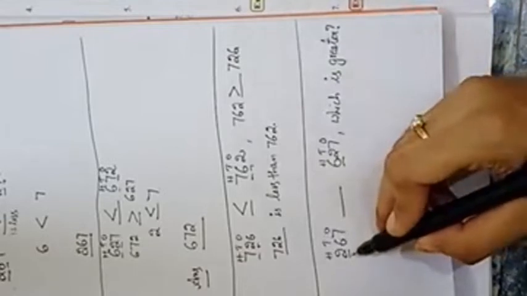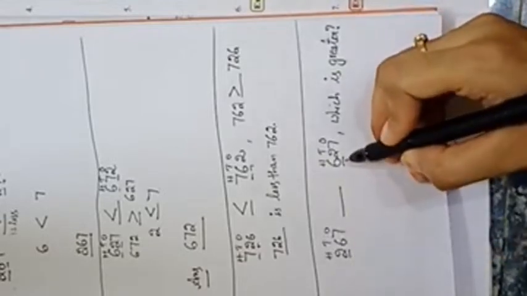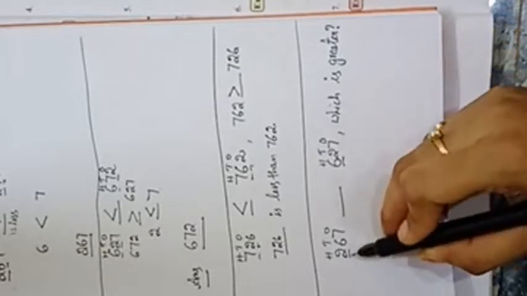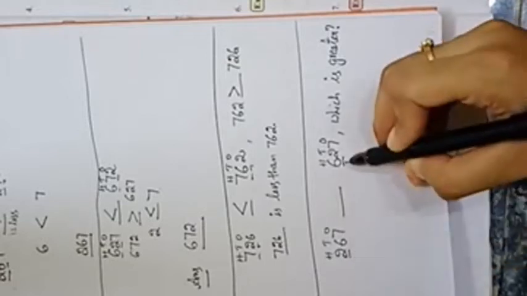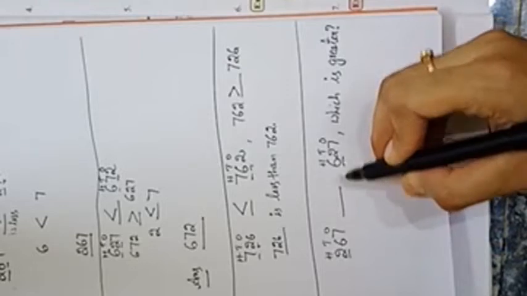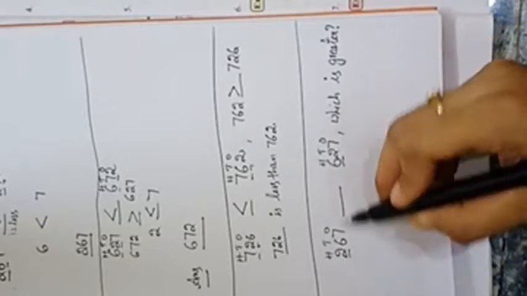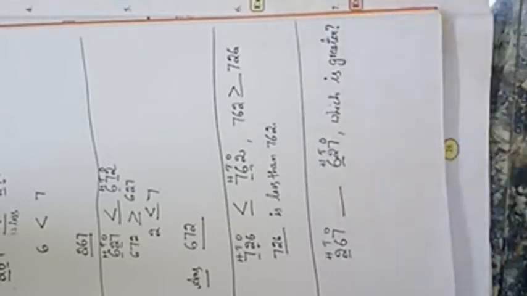I have 2 here, and here I have 6. Now tell me, observe the hundreds place number. Here I have 2 and here I have 6. So 2 is smaller than 6. My question is, is 2 the smaller number or is 6 the smaller number?